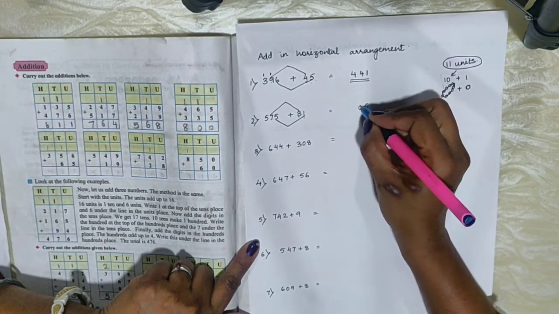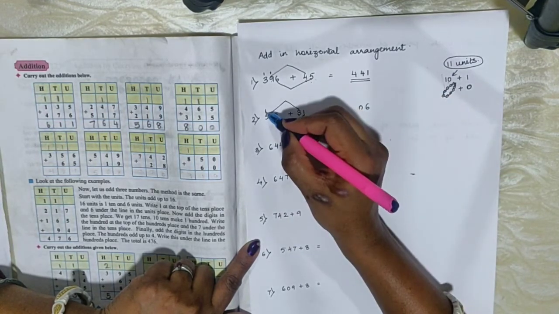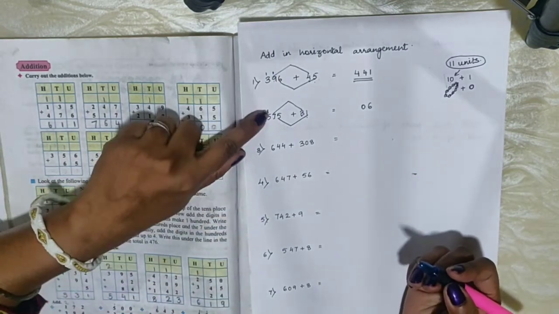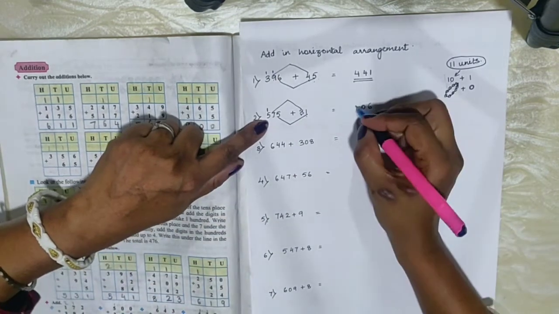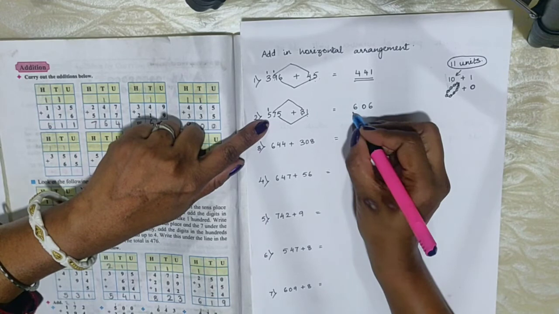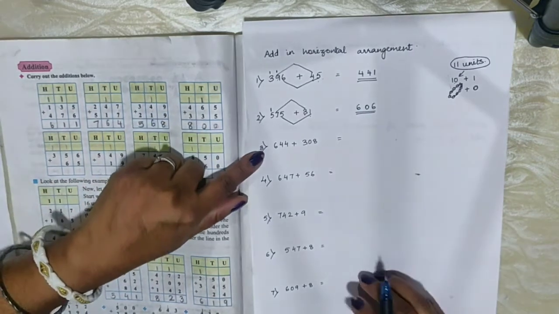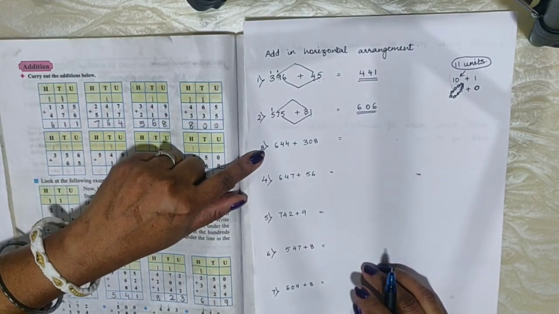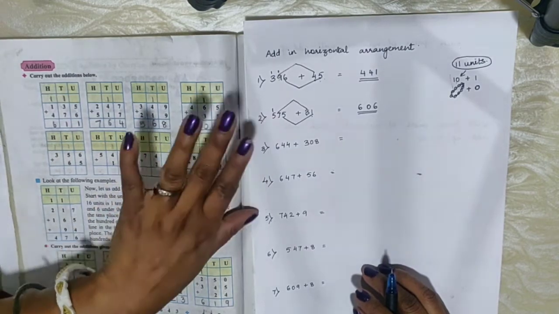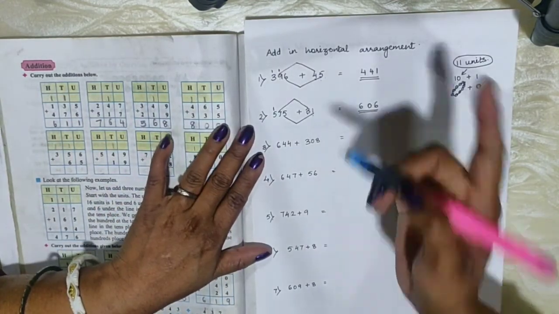So you will write 0 over here and 1 will go to the hundreds place. So 1 plus 5 is 6. 606.